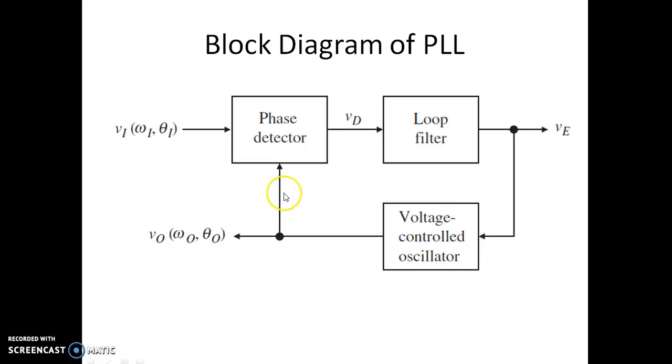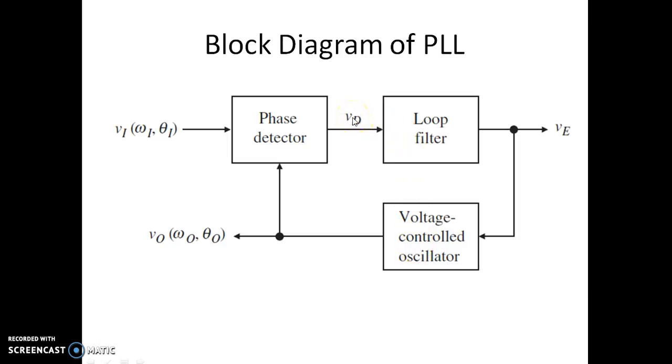So it was said in the previous slide that there is a mechanism available in PLL to make sure that this incoming frequency and this reference frequency are tracing each other. Whenever there is a change in the input frequency or the phase, it will generate a difference in comparison with the reference signal.